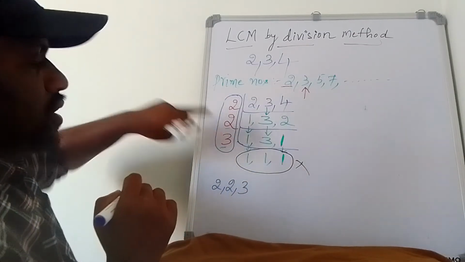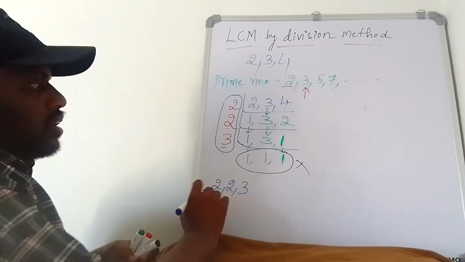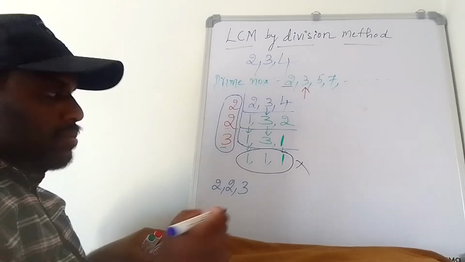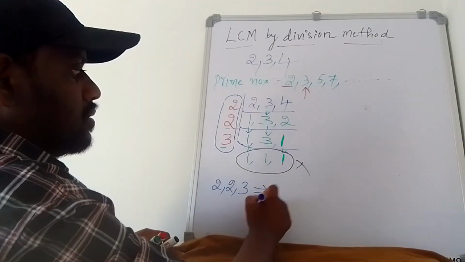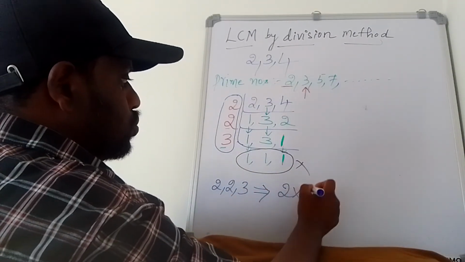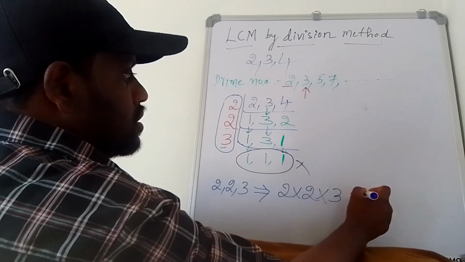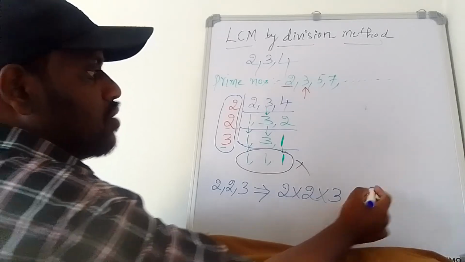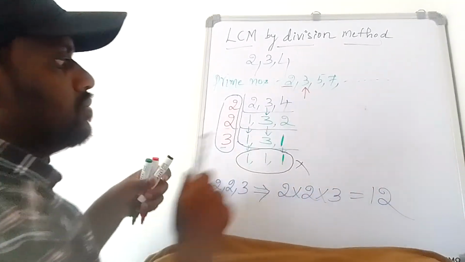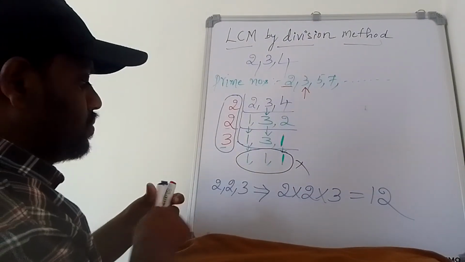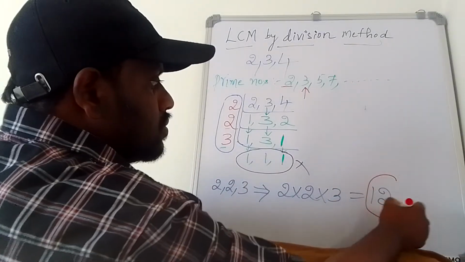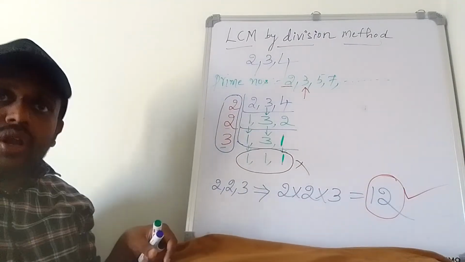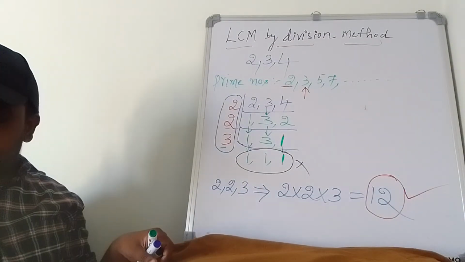Now find the product of these numbers, I mean multiply. 2 into 2 into 3 is equal to what? 2 2s are 4, 4 3s are 12. This 12 is the LCM.